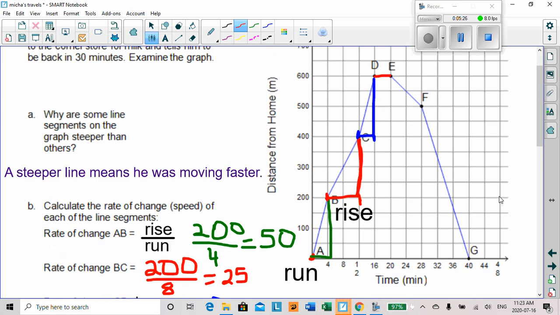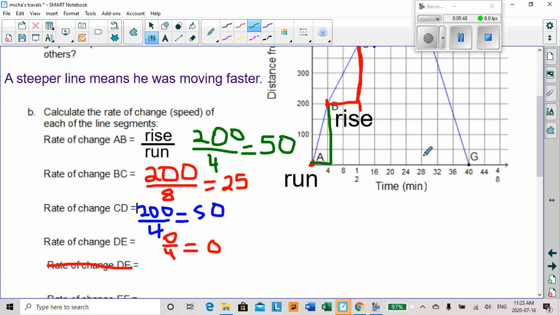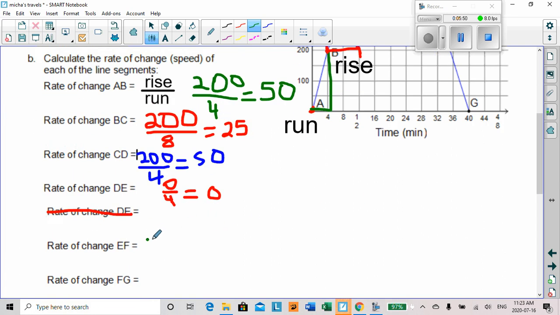Then we'll do from E to F. All right, from E to F, the direction has changed. Because the line is going down, that means that Misha is heading back towards his home. The rise goes from 600 to 500, so we actually say the rise is negative 100 because it's going back down.